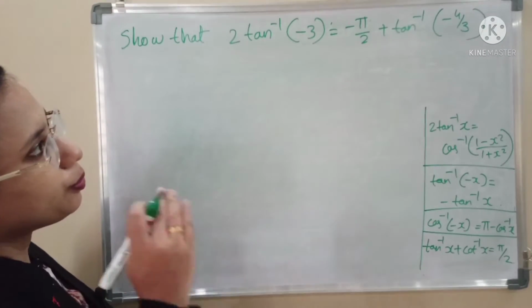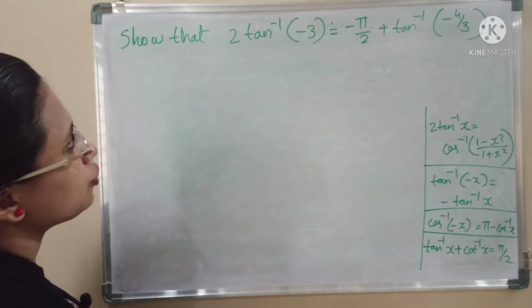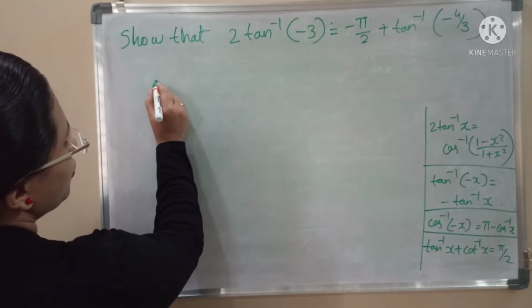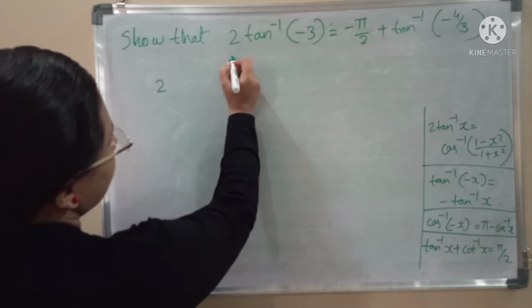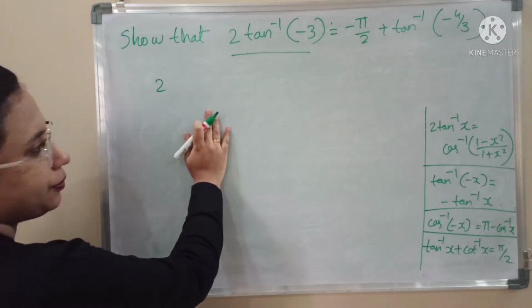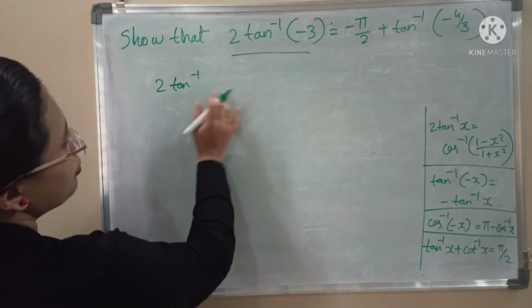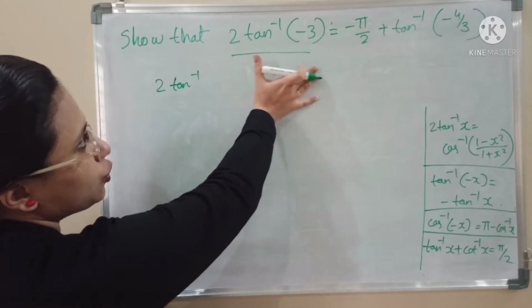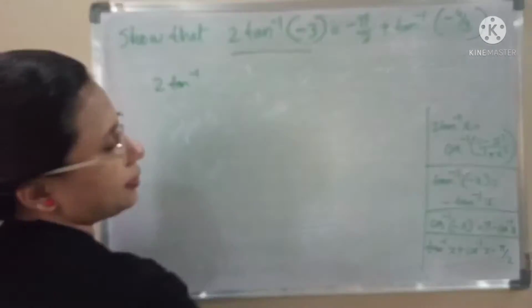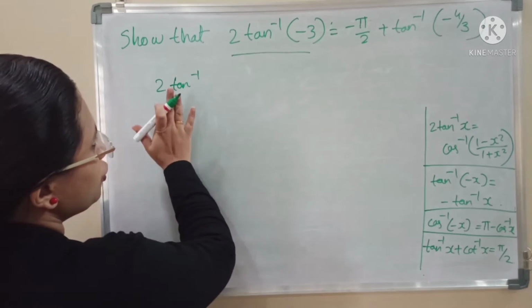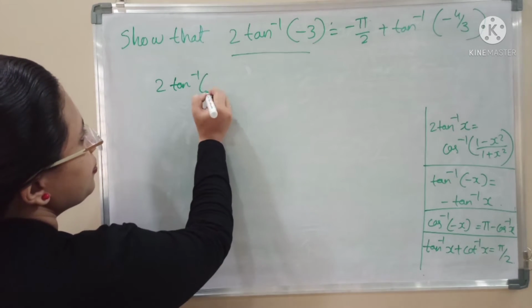So for proving that, first of all, we are taking the LHS part. Okay, so 2 tan inverse minus 3. From this LHS, we need to obtain this part. So first of all, we have to solve it.